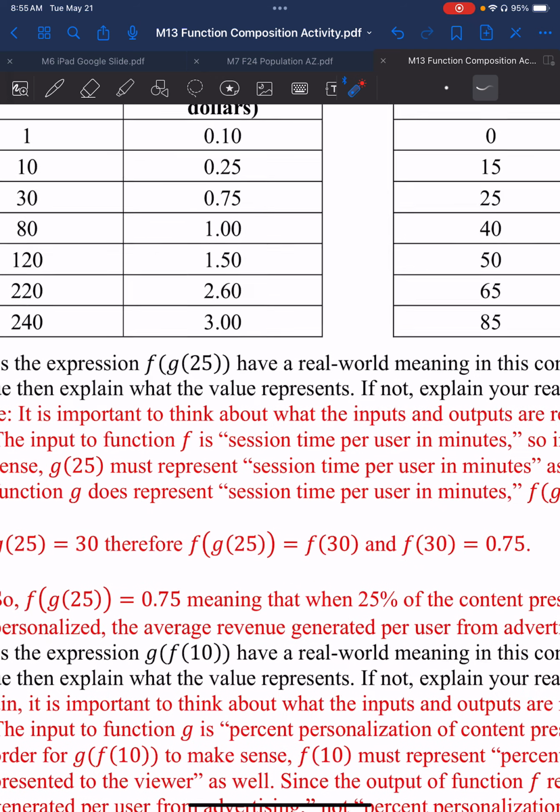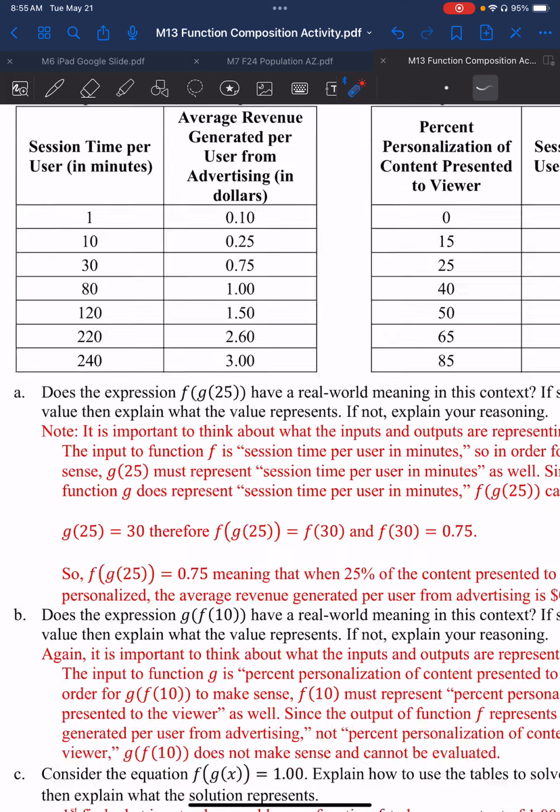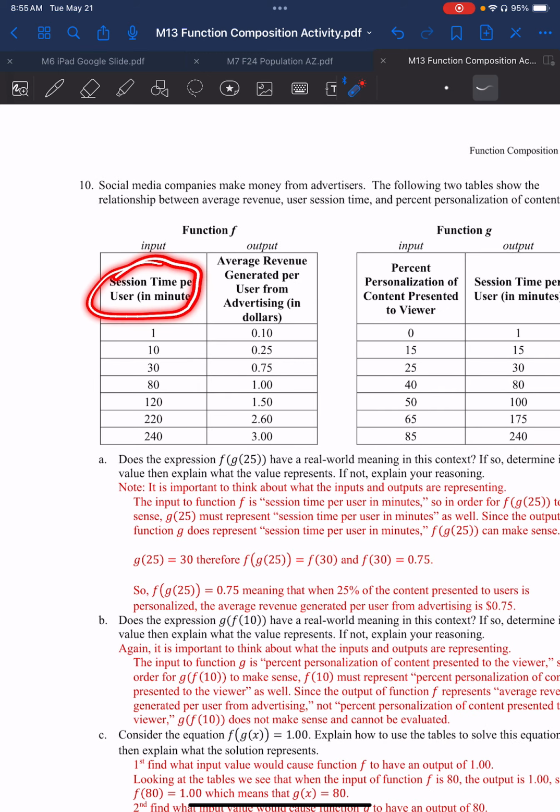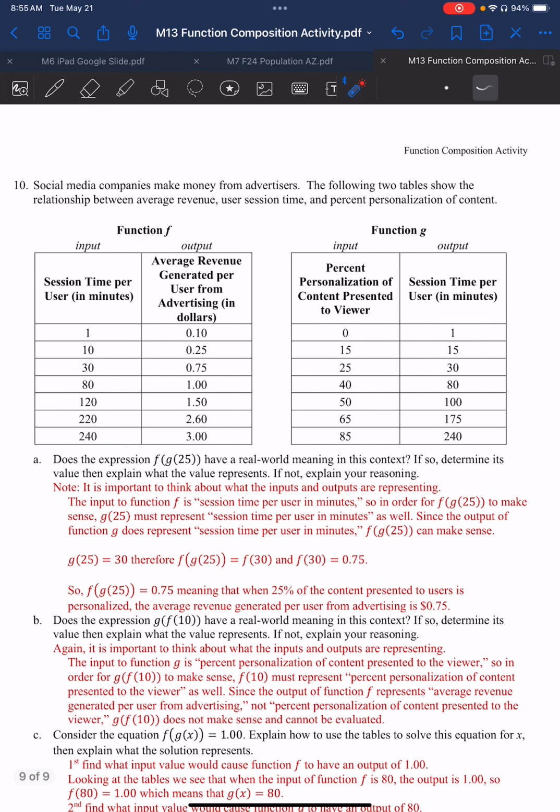We're looking at this function F. F has as an input session time per user. So this only makes sense if G at 25 is representing session time per user. Is the output of the G function session time per user? Yes, it is.